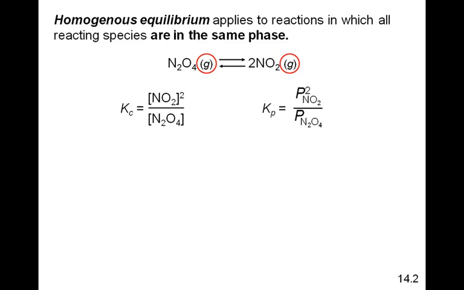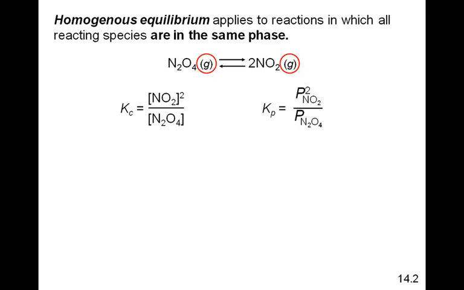In other words, if we take the pressure of the NO2 raised to its coefficient in the equation over the pressure of the N2O4 raised to its coefficient in the equation, we get this constant known as K sub P. So basically we're replacing concentration with pressure, and it's just the pressures of the products raised to their coefficients at equilibrium, of course, over the pressures of the reactants at equilibrium raised to their coefficients.